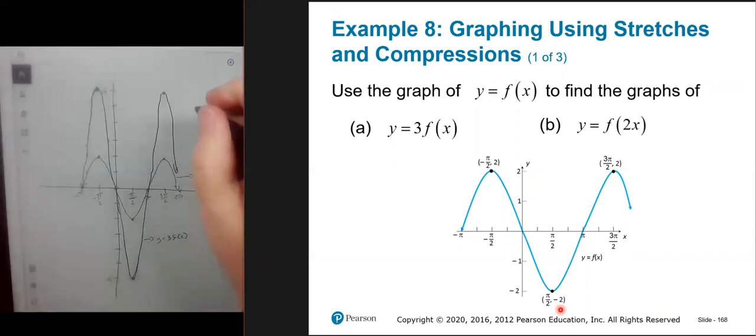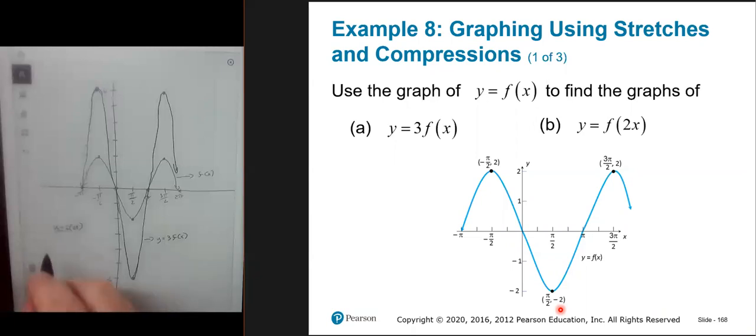The next one is y equals f of 2x. So I'm changing the x value before I do the function. So that's going to be a horizontal compression, because a is 2. So I want the reciprocal of a, which is 1/2.